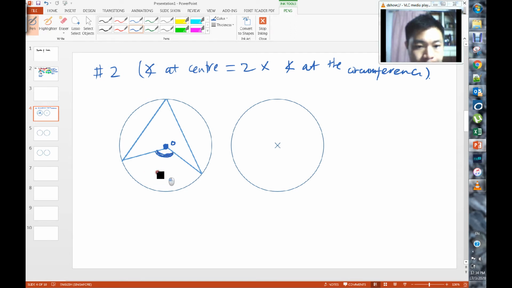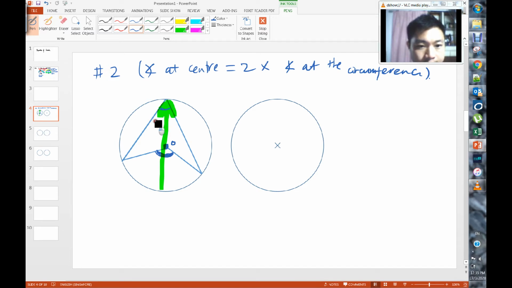Because if you choose this as the angle at center, then when you look from this angle at center and you look up, meaning you look from the bottom to the top, the direction indicated by my green arrow here, you will realize you have an angle at the circumference here.